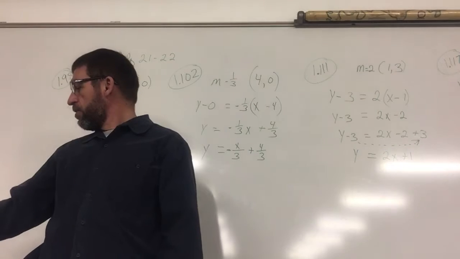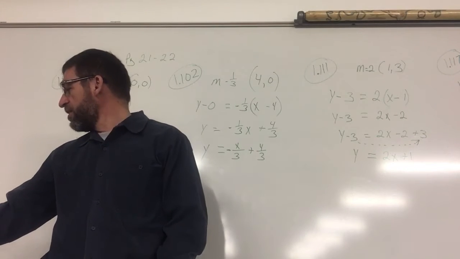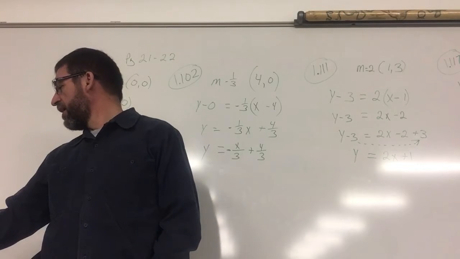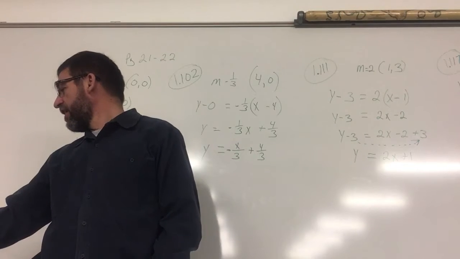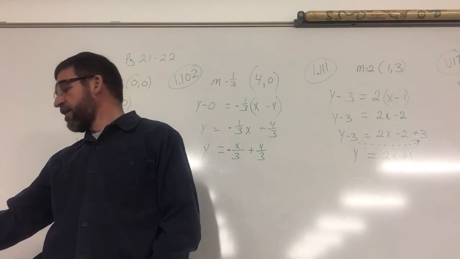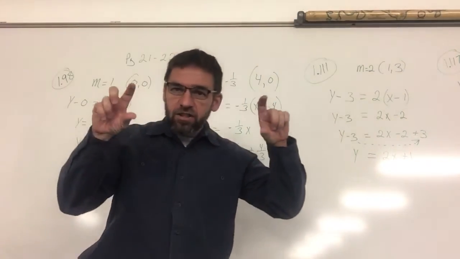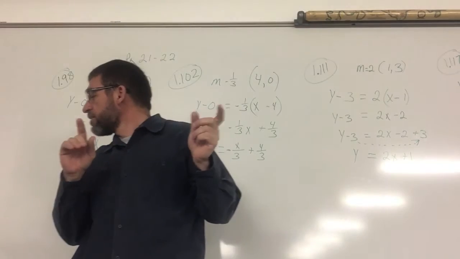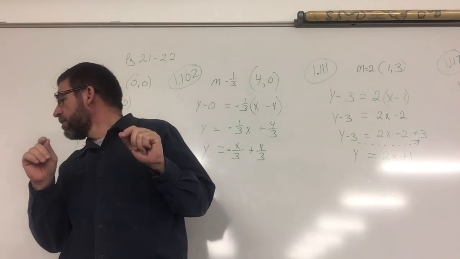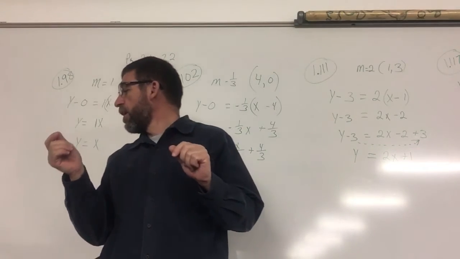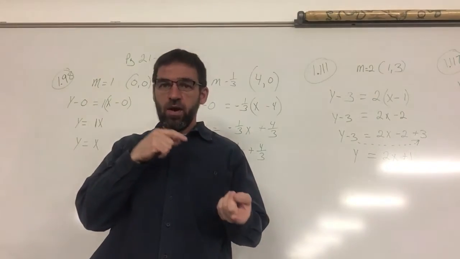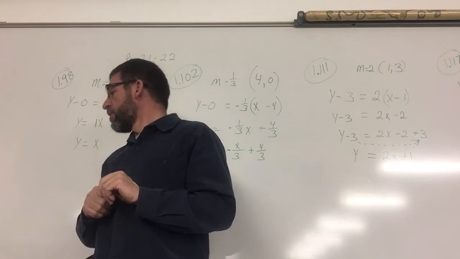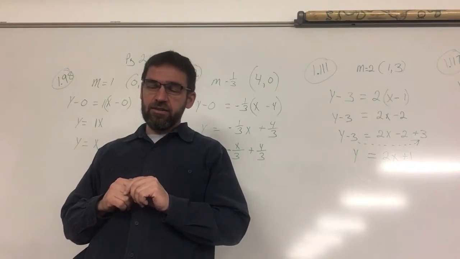On page 19, it says multiply both sides of this equation by x minus x1, and then in a little box right in the center of the page, you have y minus y1 equals m times x minus x1, or you can reverse it: m(x minus x1) equals y minus y1.